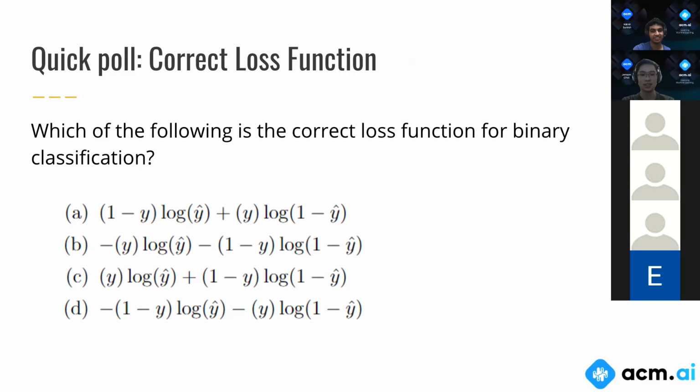The choices are A, B, C, and D, because I did not want to write the equations down. So just look at the slides, figure out which one is which, and take your time, because it's going to be kind of confusing given the visual.